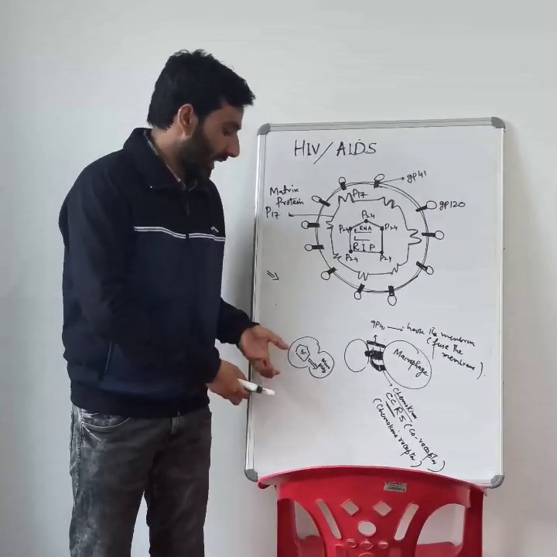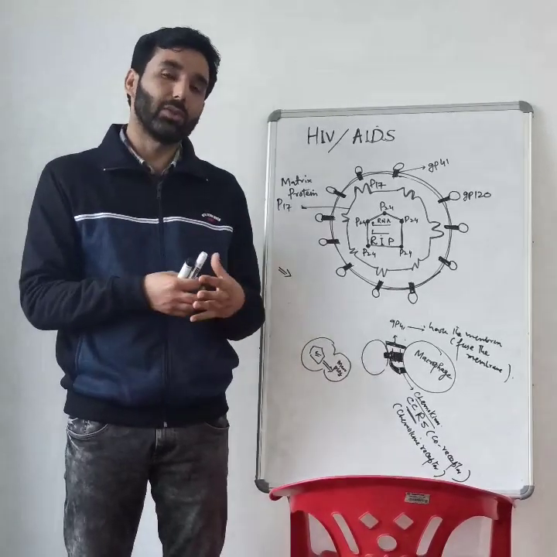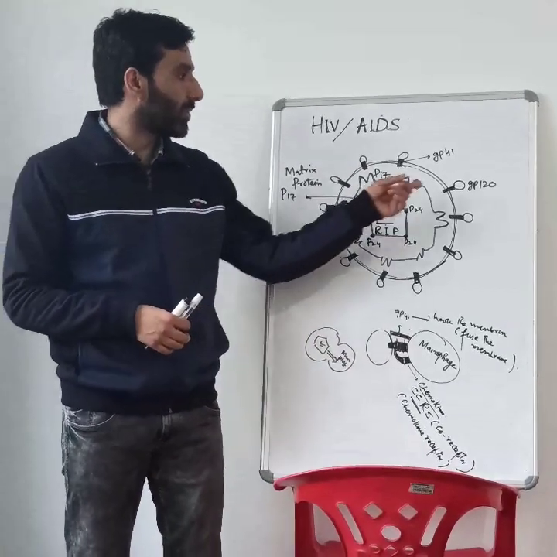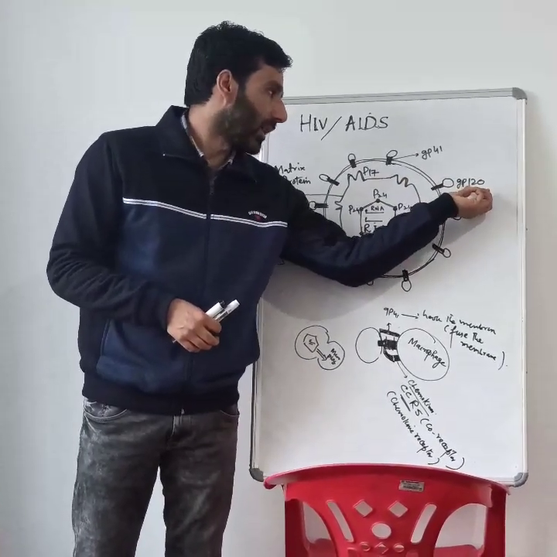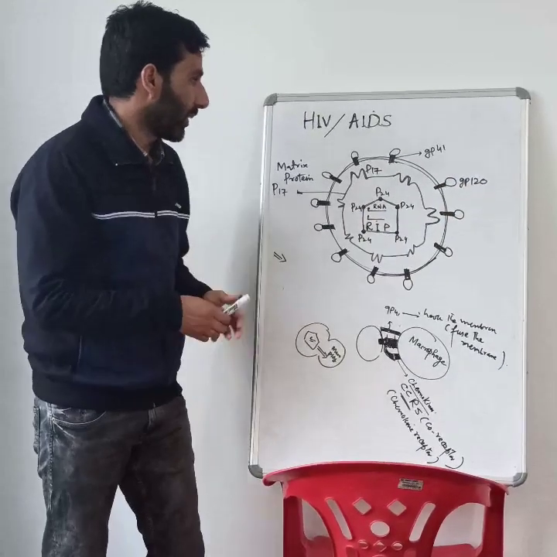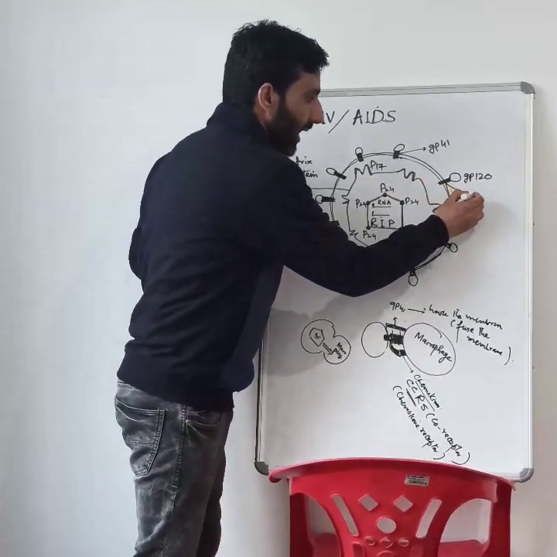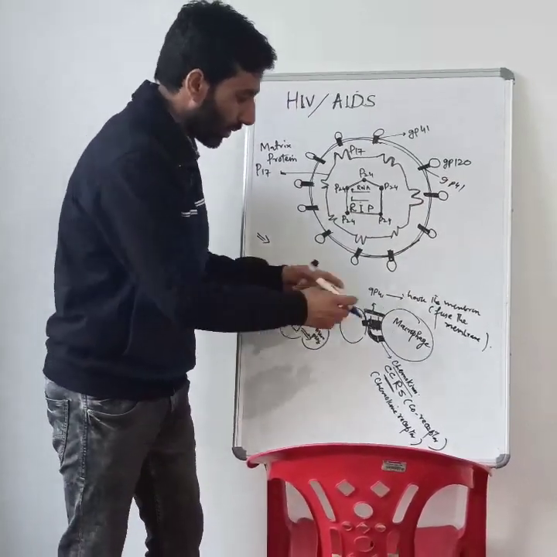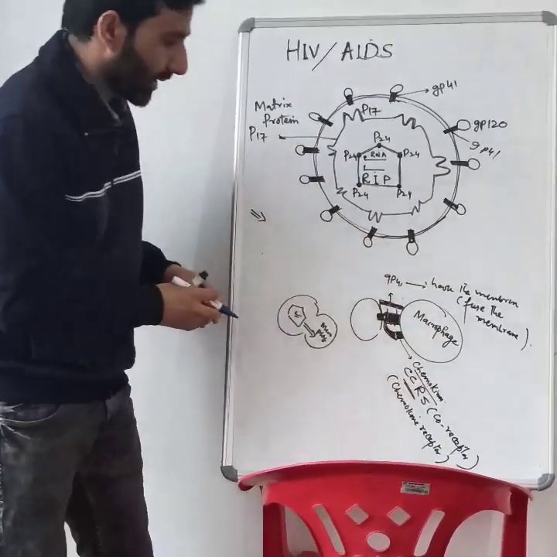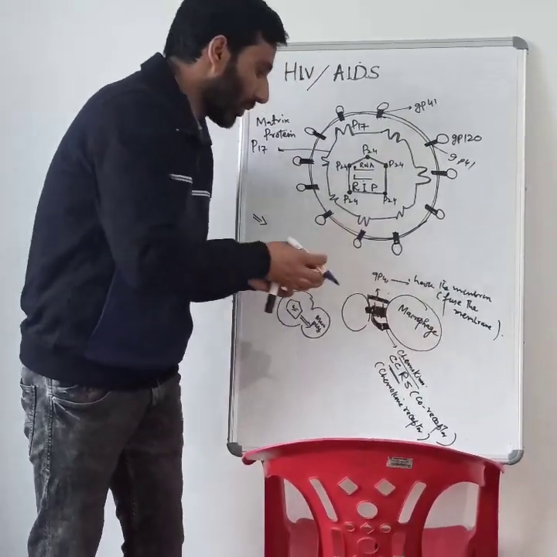This is how the virus makes entry into the host cell by the use of these two important proteins, GP120 and GP41. So through this interaction, the virus is able to enter into the host cell.